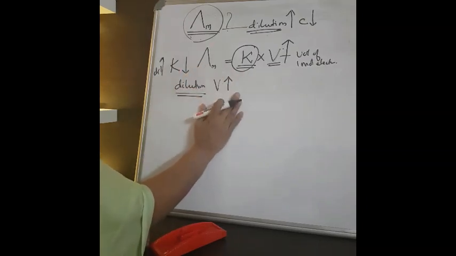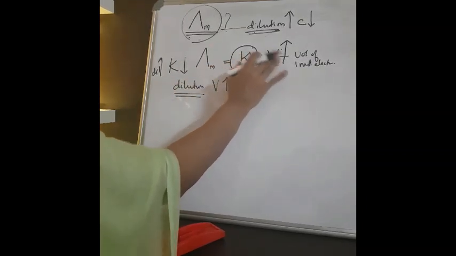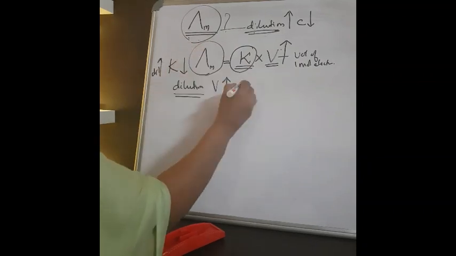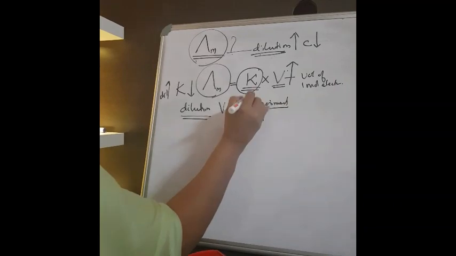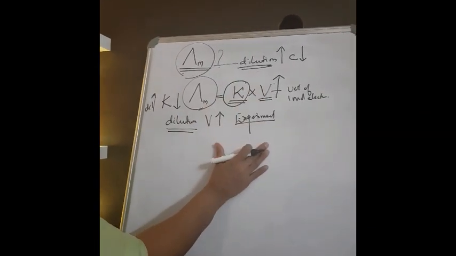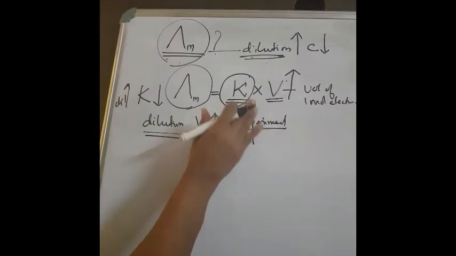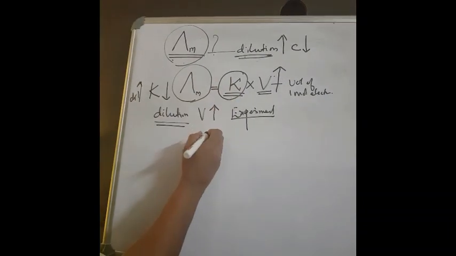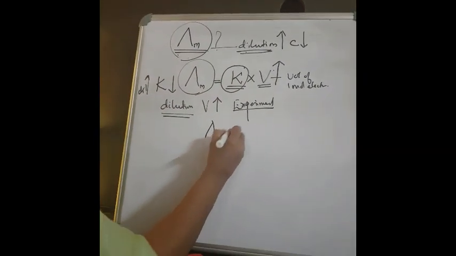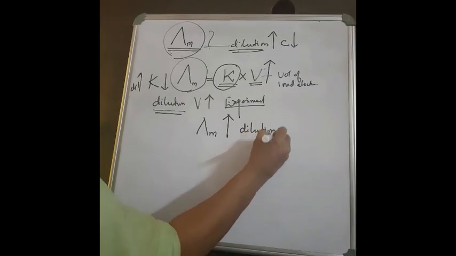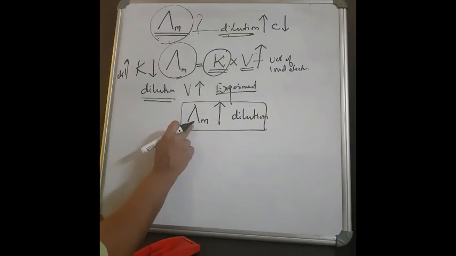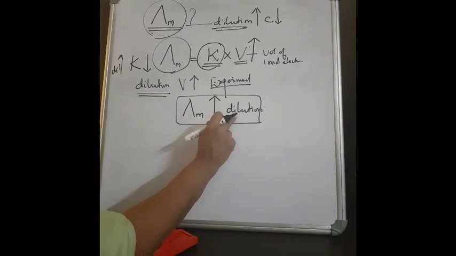Theoretically you can say lambda m is kappa into V. But on experimentation it is proved, listen carefully, that the lambda m increases with dilution. Very, very important. The lambda m increases with dilution.